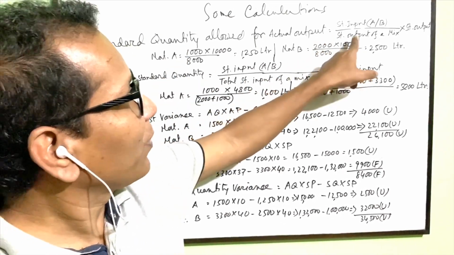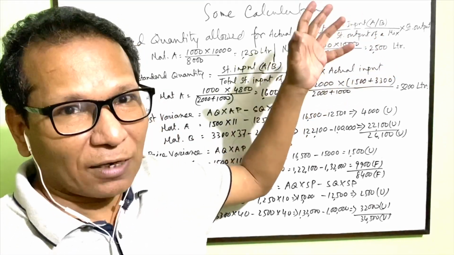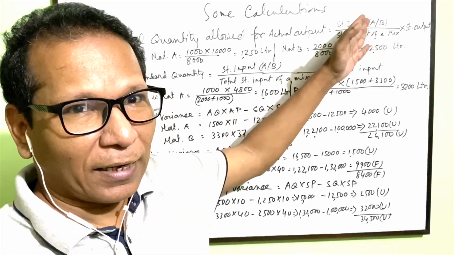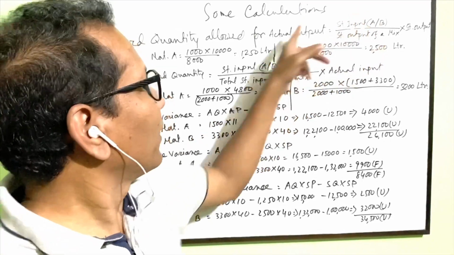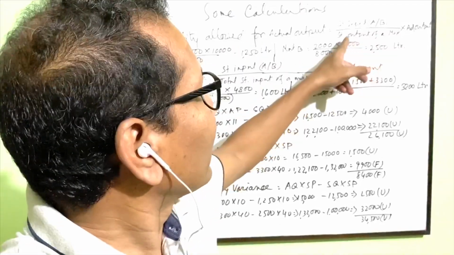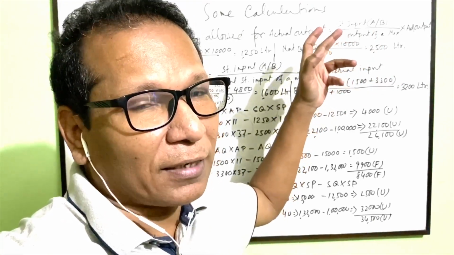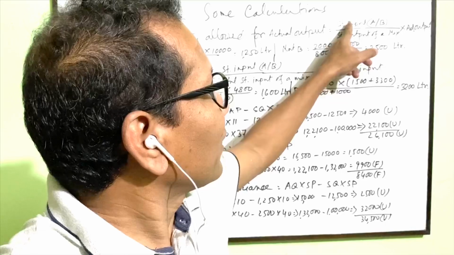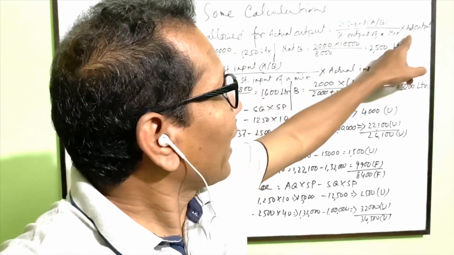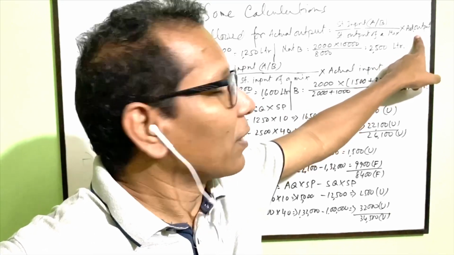Here standard output of a mix is 8000 and standard input for A is 1000 liters and B is 2000 liters. Here actual output was 10,000.